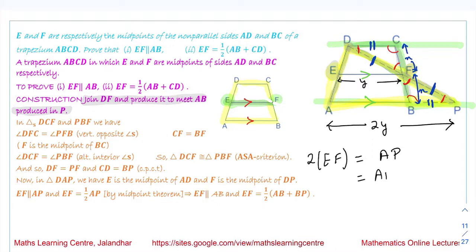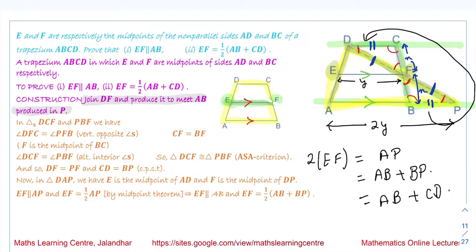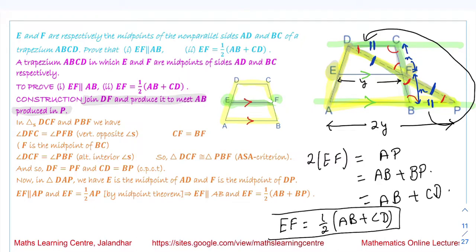AP length we can write as AB plus BP. BP and DC are equal, so we get AB plus CD. So the final answer is EF is equal to 1 by 2 times (AB plus CD). This is our final answer.